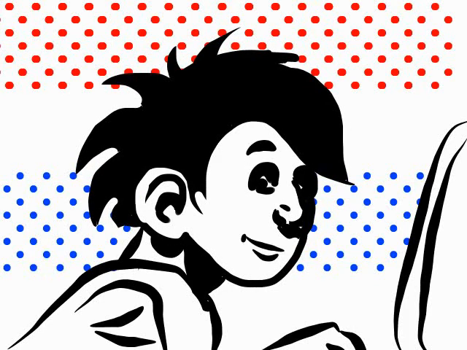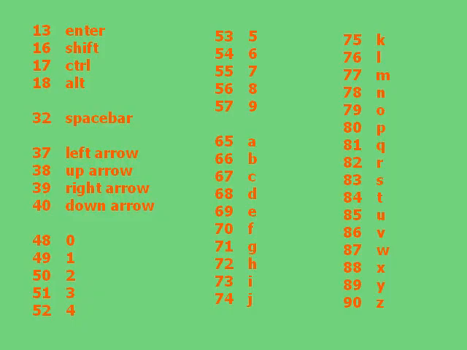To do that, we need to know the key codes for those keys. Here are the key codes for some of the keys of the keyboard. You can Google JavaScript key codes to get a complete list. We can see that the key codes for left and right arrow keys are 37 and 39.